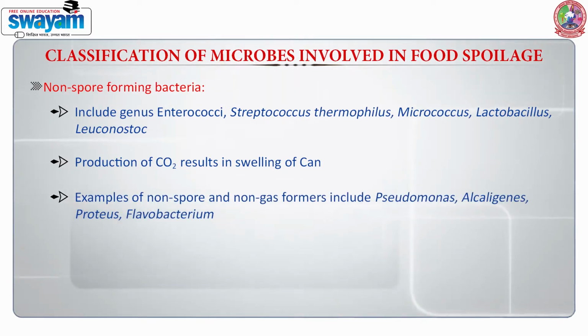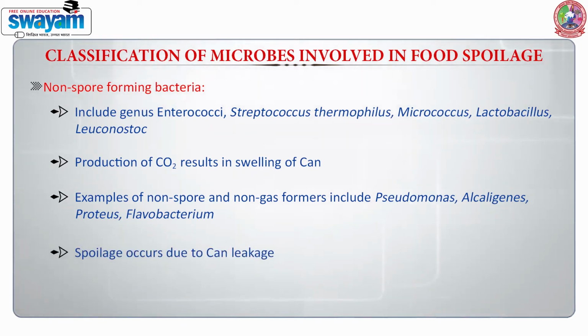Some non-spore formers and non-gas formers include Pseudomonas, Alcaligenes, Proteus, Flavobacterium, and these types of spoilage occur due to leakage in the cans.